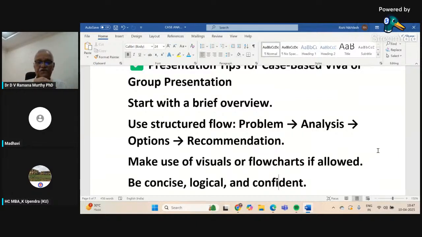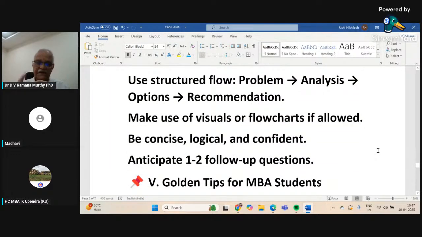It depends. Make use of visuals or flow charts if allowed. But in case of group interviews, please note that you will be supplied with all the material like charts and sketch pens and all that.